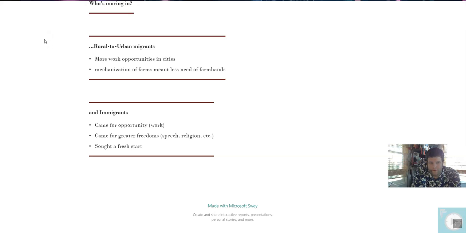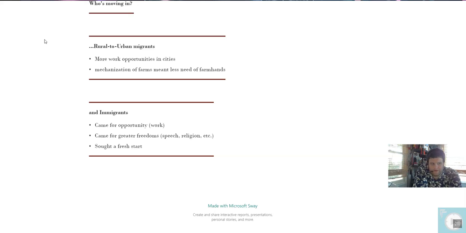Also for immigrants, we have something called push factors. So if pull factors are what draw people towards a place, push factors are what push people away from a place. Many immigrants came to the United States, leaving their homelands to escape economic struggles, famine, persecution, wars.